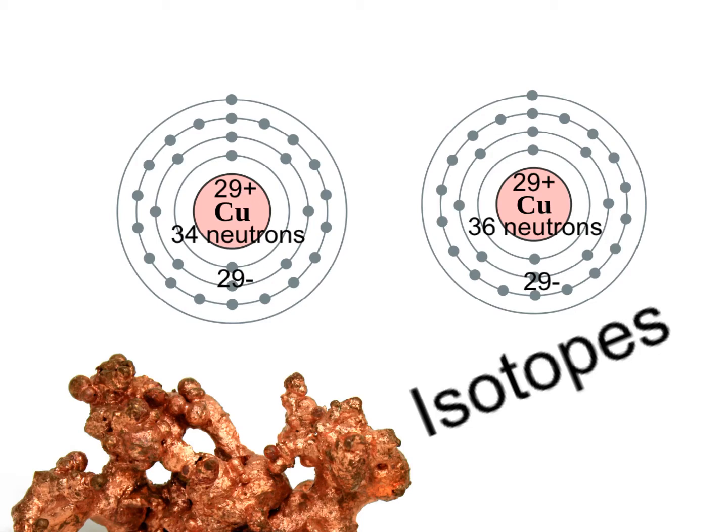Well, we take a weighted average of both of those isotopes' masses, and that's what goes on the periodic table. And since the greater percentage, as I mentioned, almost 70% of copper's atoms are this isotope, then I would expect the mass on the periodic table to reflect the mass of this atom or isotope of copper.